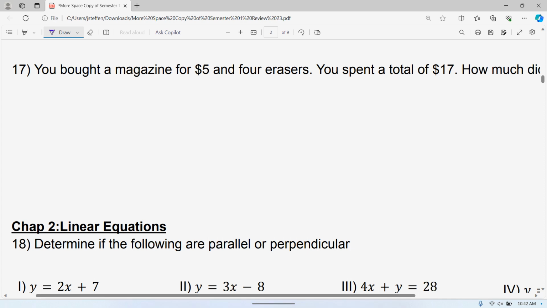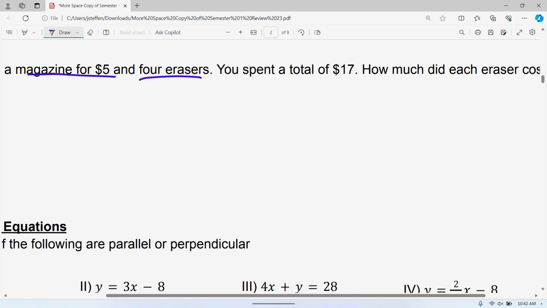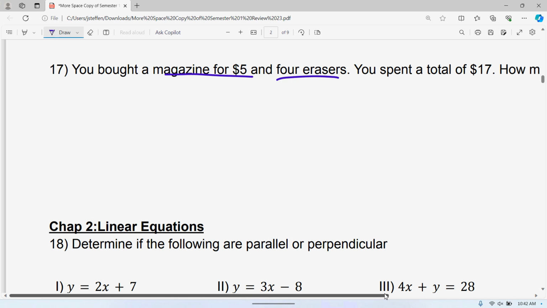Okay, you bought a magazine for $5 and 4 erasers. So we know the magazine is $5 and we don't know about the erasers. I spent a total of $17. How much did each eraser cost? So, magazine plus 4 erasers for E amount of money. So I said E was erasers. I should have specified it's how much money they cost.